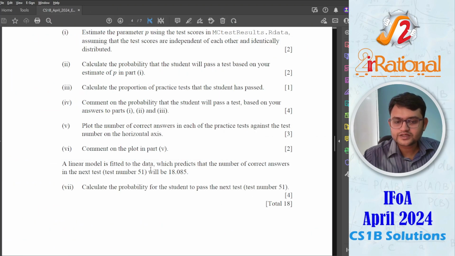A linear model is fit to the data, which predicts that the number of correct answers in the next test, that is test number 51, will be 18.085. Calculate the probability for a student to pass the next test. So 18.085 divided by 20 gives me the probability of giving a correct answer.